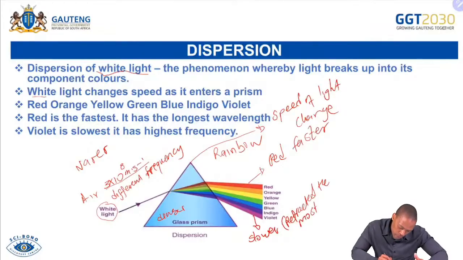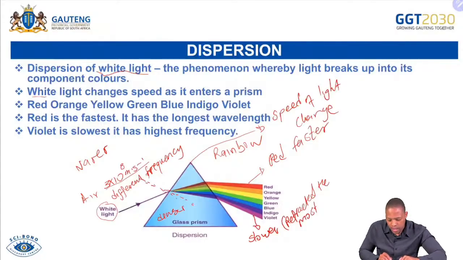You'd remember that if we were to draw our normal here, which is a perpendicular line, it would be something like this. Our normal here, it will be something like this, grade 12. So you can see that the violet is bending closer to the normal than the red. Why? Because it is slow, or it's the slowest. So it gets refracted the most.